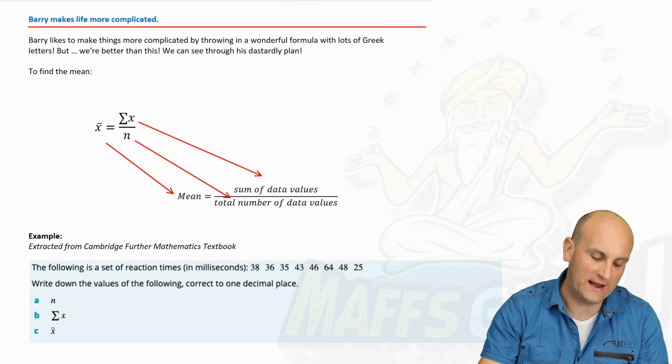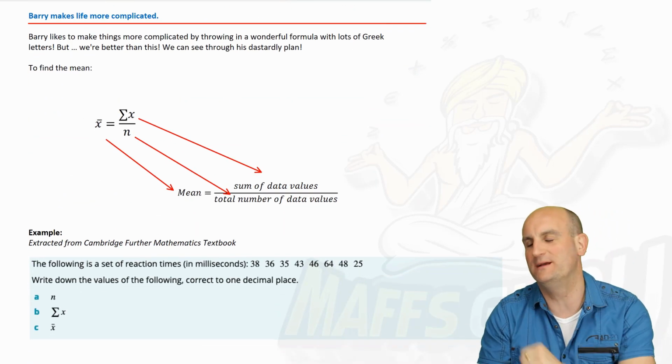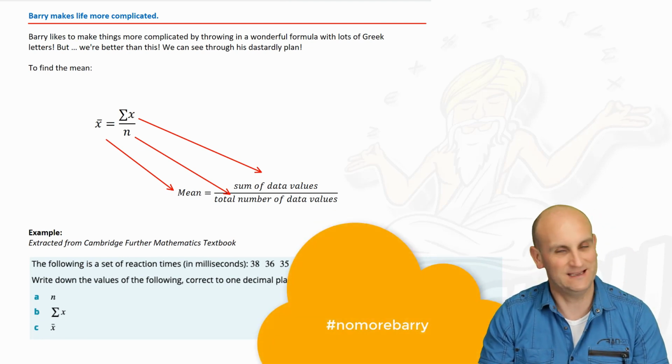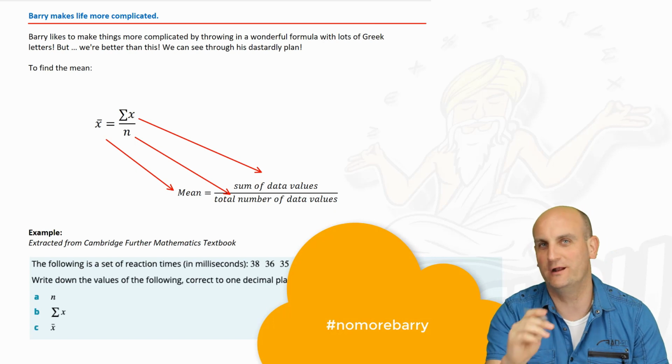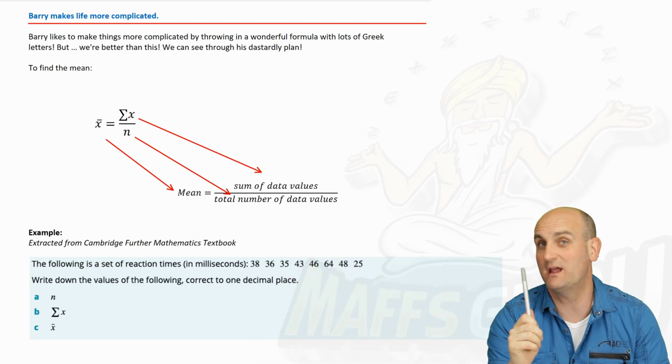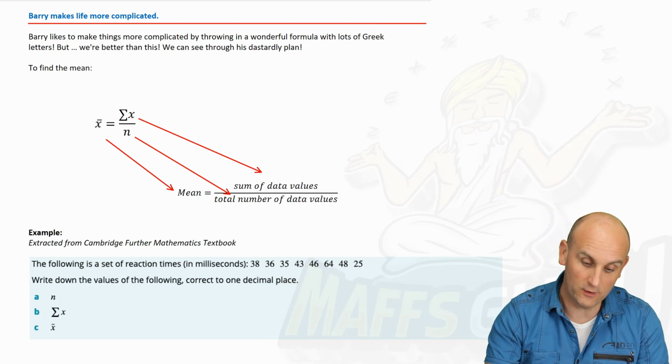Now, Barry, we love Barry because he's sitting in that office trying to make maths even more complicated. And he's done it again. He's come up and he's gone, do you know what? I'm going to confuse everybody in the whole mathematics community because I'm going to come up with a formula for the mean that's going to throw everybody. And lo and behold, that's what he's done.